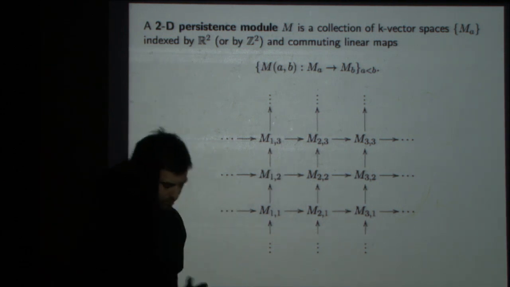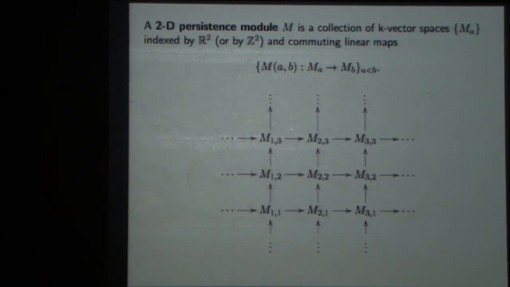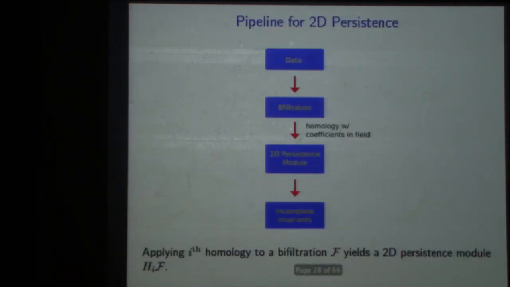Every square is required to commute. These are my objects. And as before, if I apply i-th homology to every space and every map in my bifiltration, I get a 2D persistence module. So good.